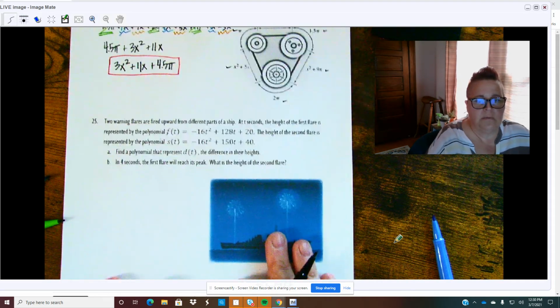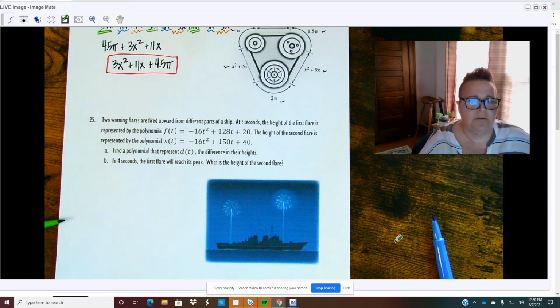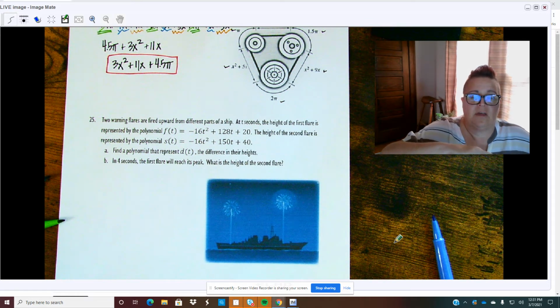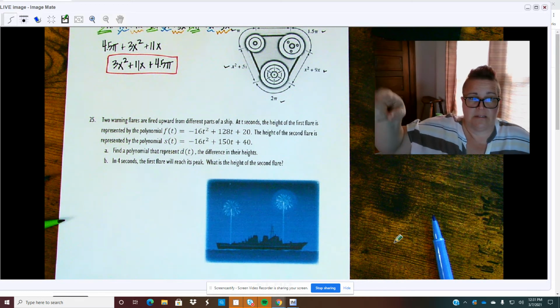Okay, 25 looks interesting. Let's see. 2 warning flares are fired upward from different parts of a ship at t seconds. So t is representing the number of seconds. The height of the first flare is represented by the polynomial f of t is a negative 16t squared plus 128t plus 20. So this f of t represents the height of that flare after t seconds.